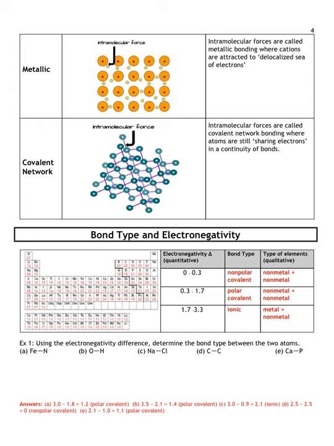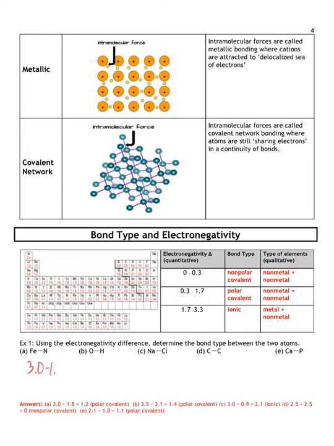We're going to calculate the difference and see the bond between nitrogen and iron. So I look up iron and it's 1.8. And then I look at nitrogen, which is up here, 3.0. So I'm going to take the difference between nitrogen and iron, and I take the absolute value of that difference, okay, class?